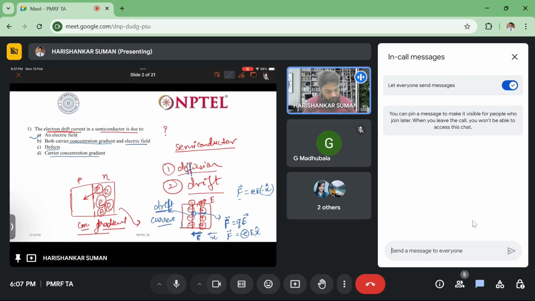Electric field is generated inside the PN junction in the depletion layer. Okay, any doubt?